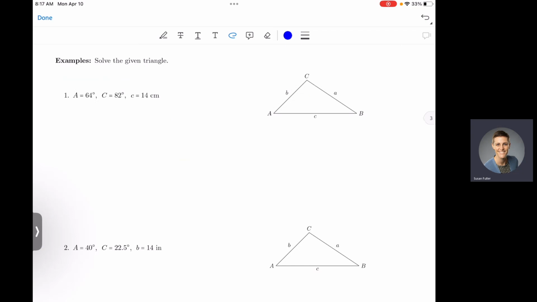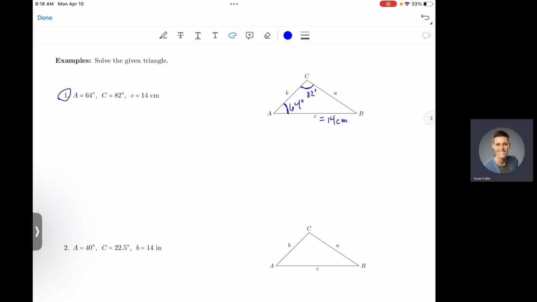All right, so let's try one of these. Here's an example. We'll do number 1. To solve this triangle, we are given that the measure of angle A is 64 degrees, the measure of angle C is 82 degrees, and side C is 14 centimeters.